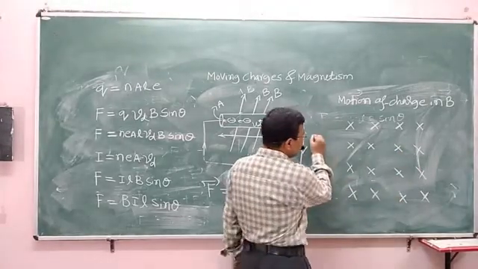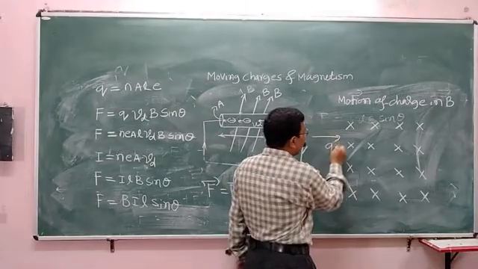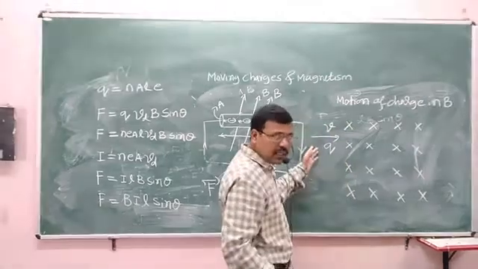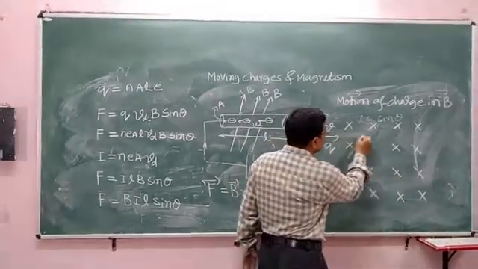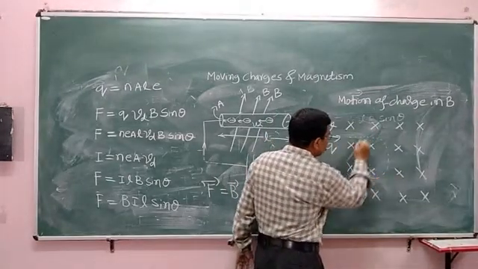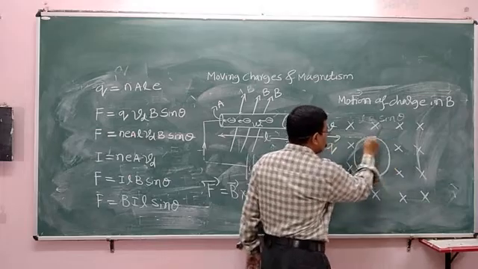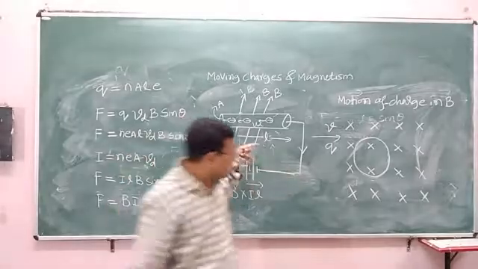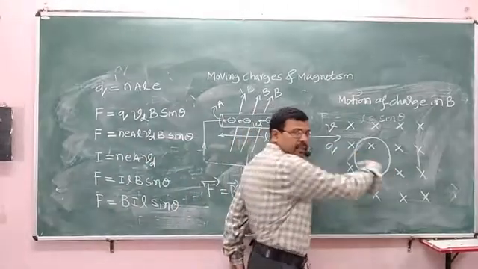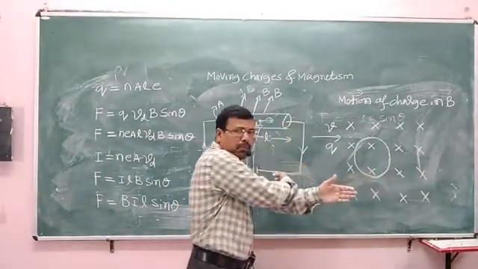When a charged particle with velocity enters into the magnetic field like this, then it takes a circular path, because the direction of velocity and the direction of magnetic field are perpendicular.